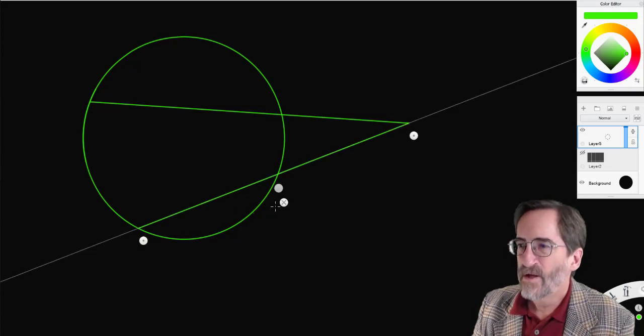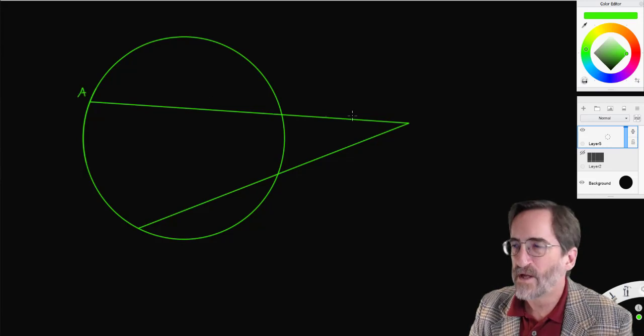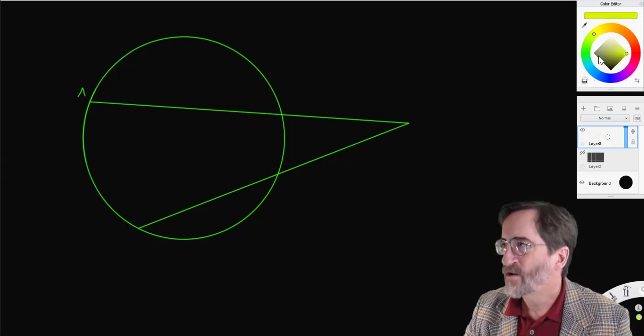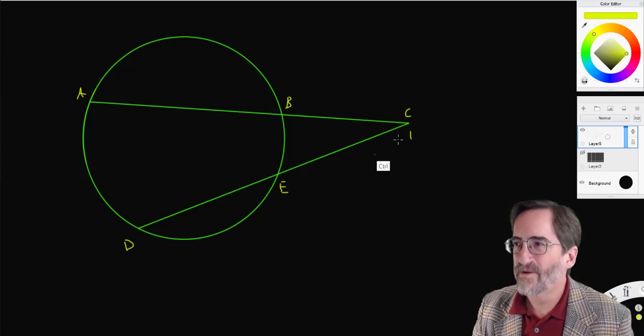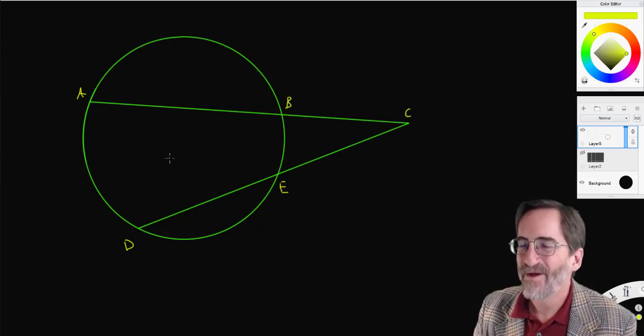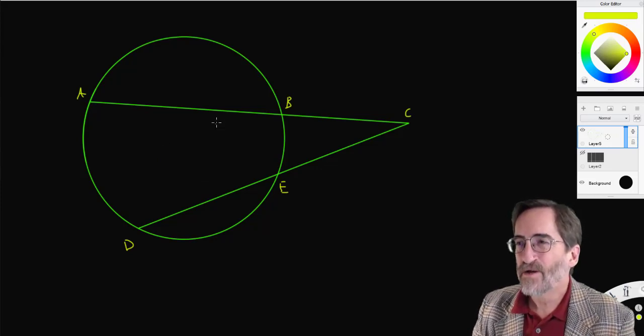Okay, and let's label these points A, B, C, D, E, and F. And here's what the rule that we just discovered says about the lengths.